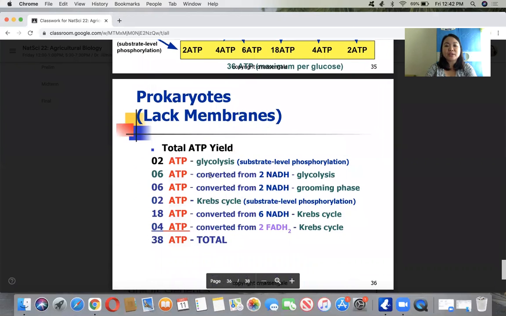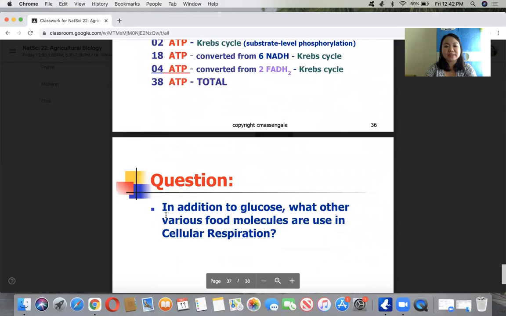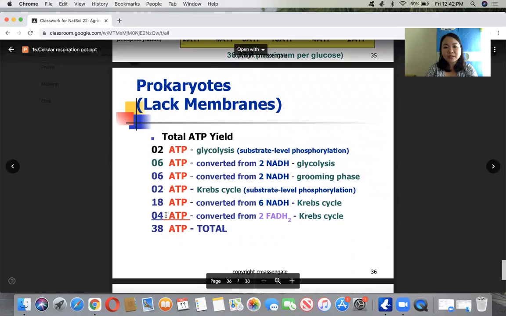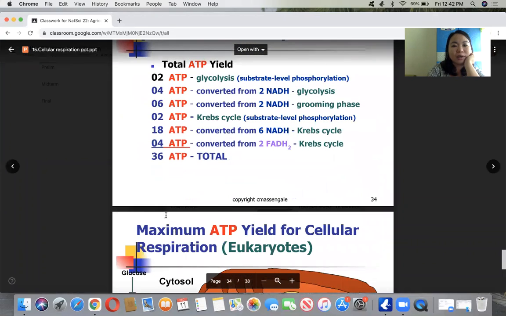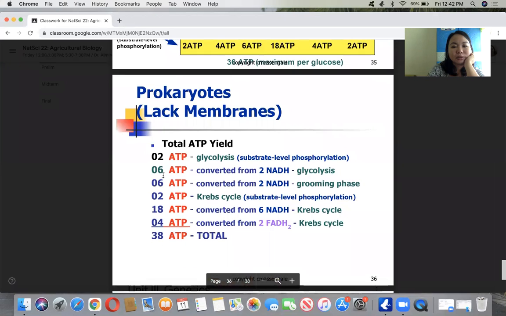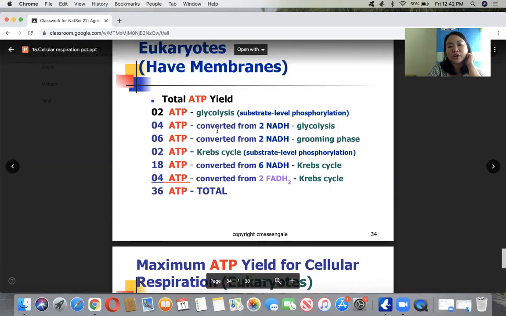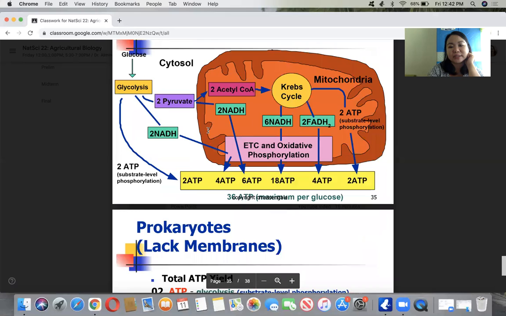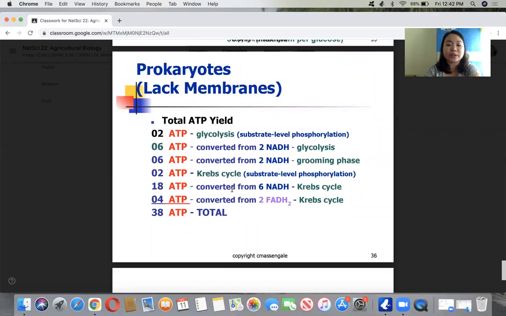But for prokaryotes, we have 38 ATP all in all. So as you can see, the difference between the two is in here, because it's 6 here, but here it is only 4 in the glycolysis stage. That is for eukaryotes and prokaryotes.